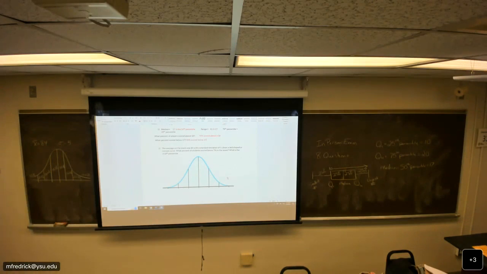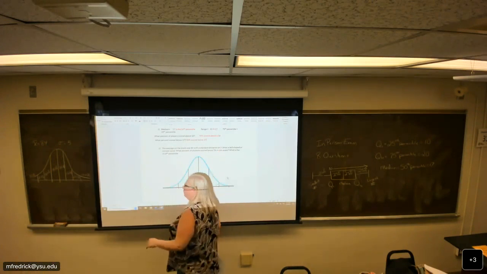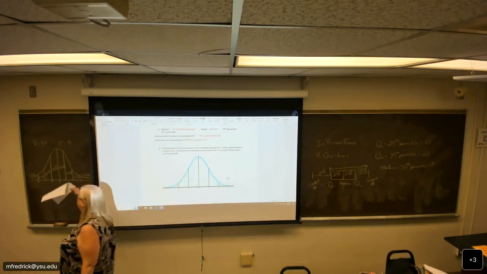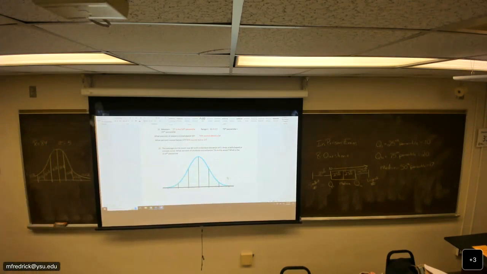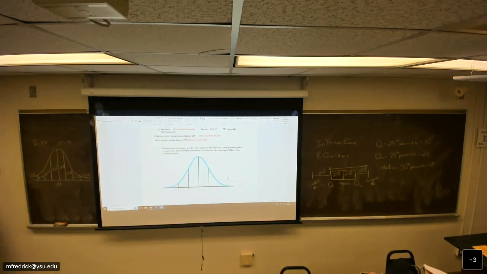In the problem, it said the mean was 84 with a standard deviation of 5. 5 is the unit you count by. The mean is the value that starts in the middle. So the mean goes in the middle and you count by 5.